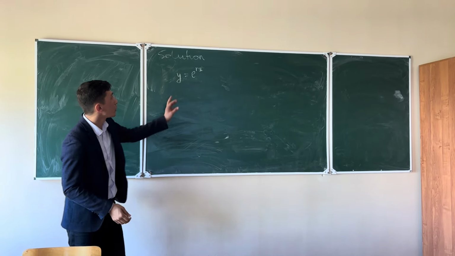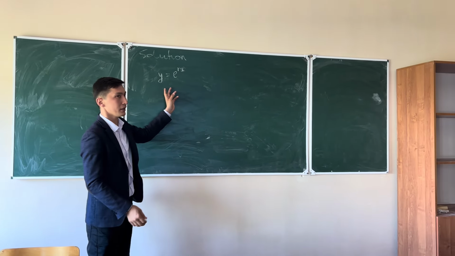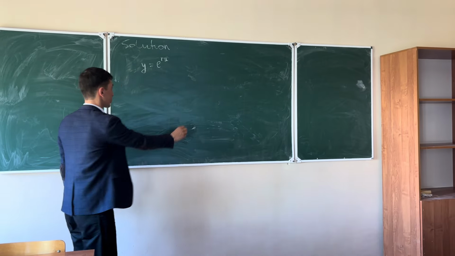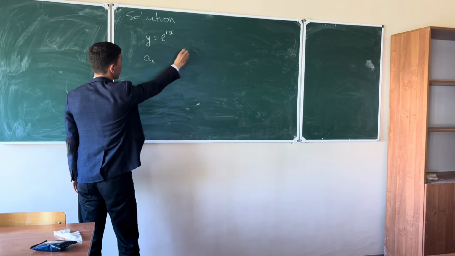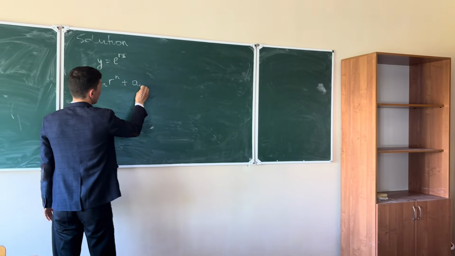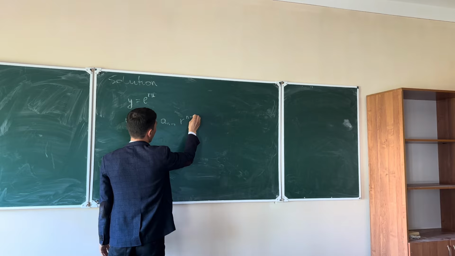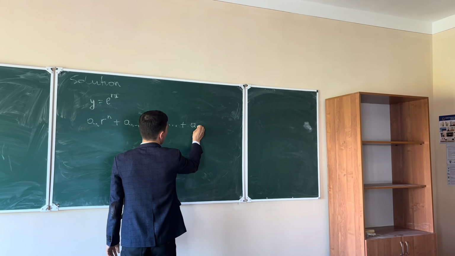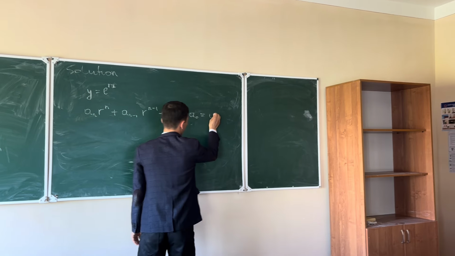So we substitute y into the equation and we get the characteristic equation, which is a_n r to the power of n plus a_(n-1) r to the power of n minus 1 plus and so on, plus a_0 is equal to 0.